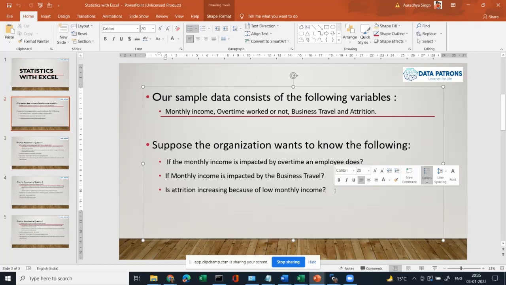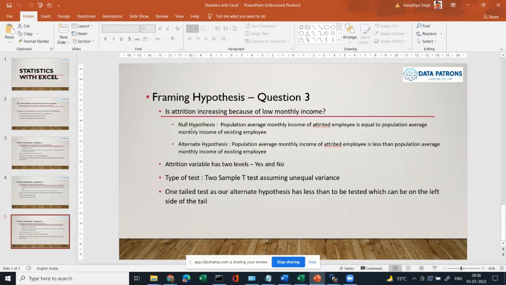Here, the organization wants to understand if attrition is increasing because they are getting lower monthly income. This is the question. So, we start by writing this as our alternate hypothesis: population average monthly income of attrited employees is less than population average monthly income of existing employees.